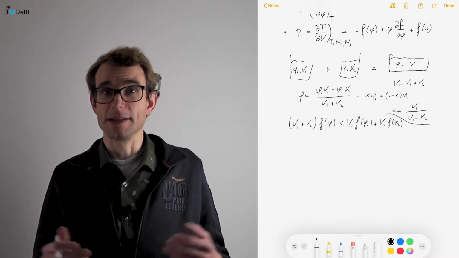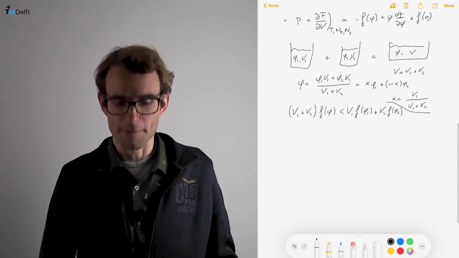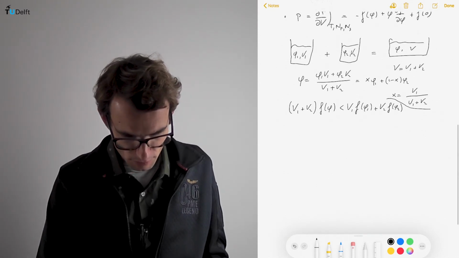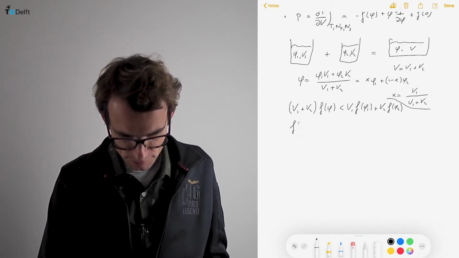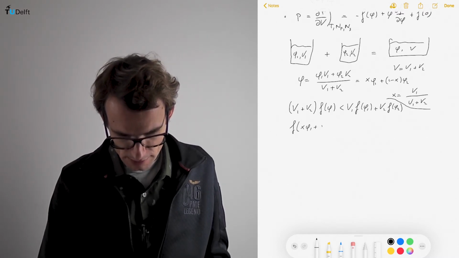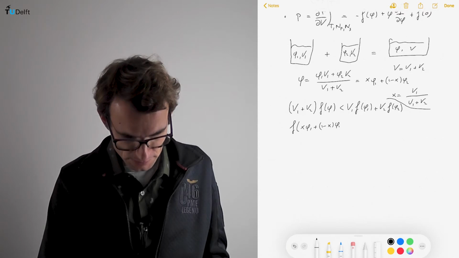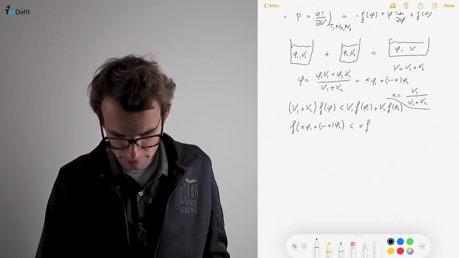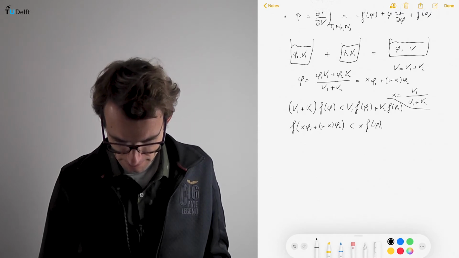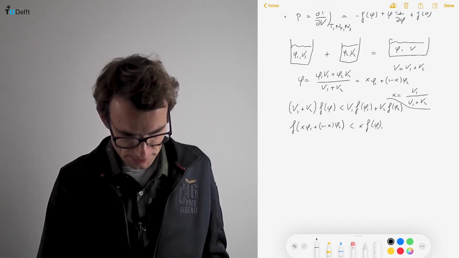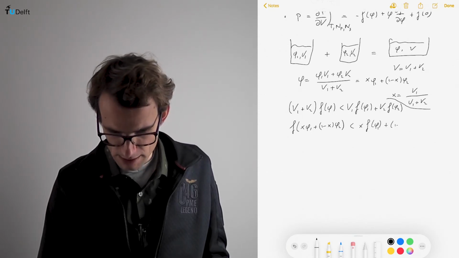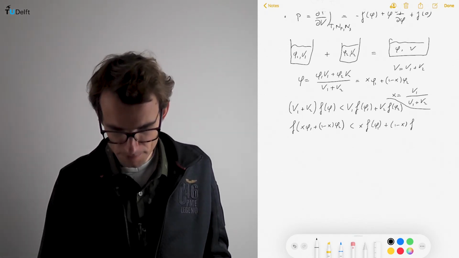Or if I write this in terms of this variable x, which is why we introduced it in the first place, it's f of x times phi1 plus 1 minus x times phi2 must be less than x f of phi1 plus 1 minus x free energy per unit volume of phi2.